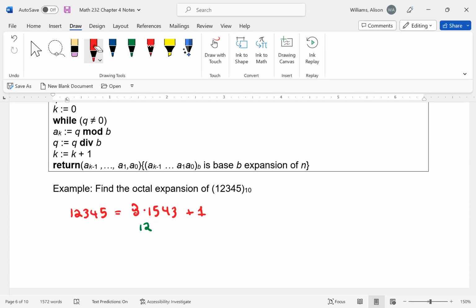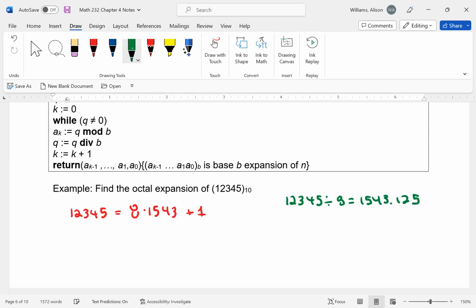So this is the number in base 8. So I literally grabbed my calculator, and divided this number, and I got 1,543.125.